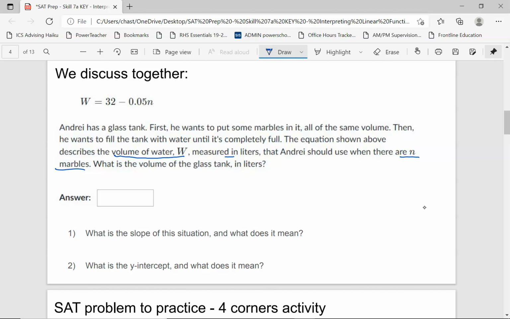So when we look at this, let's think of the n as our x variable and W is like our y. Normally we would write this in y equals mx plus b form. So I'm going to transform that. So this negative 0.05 is with the variable, so I'm going to rewrite it as such, plus 32.